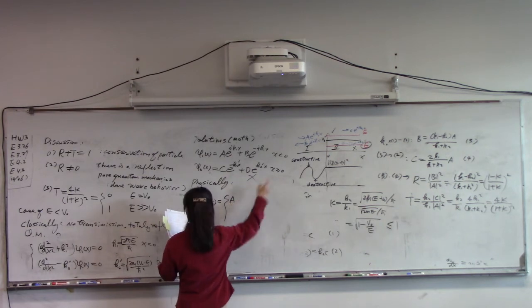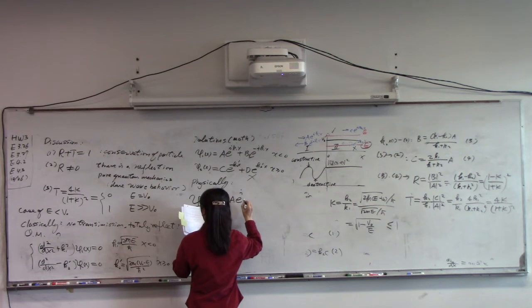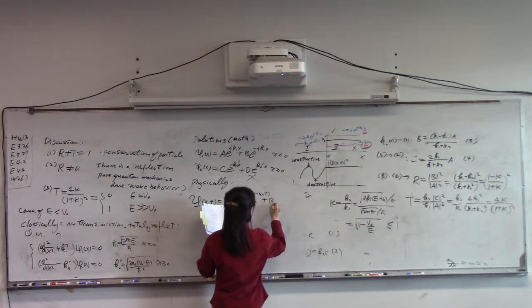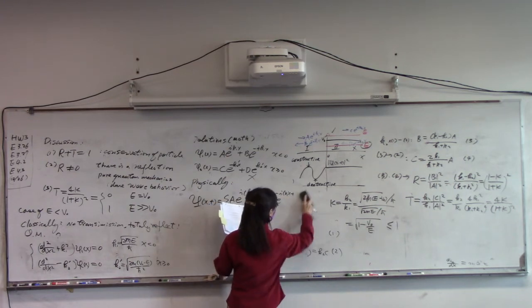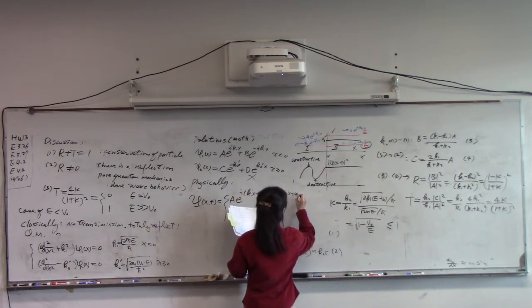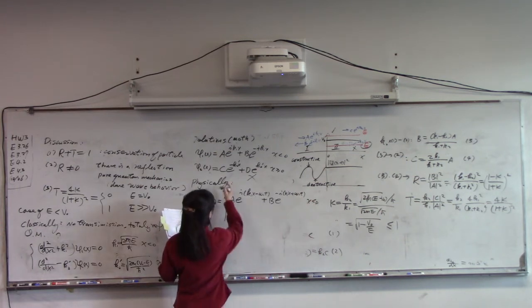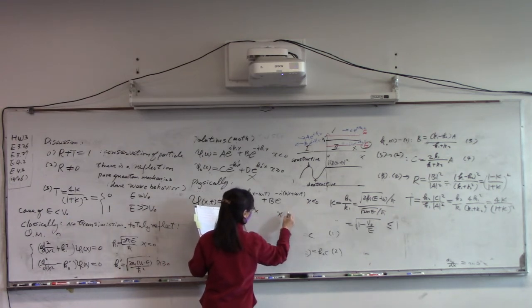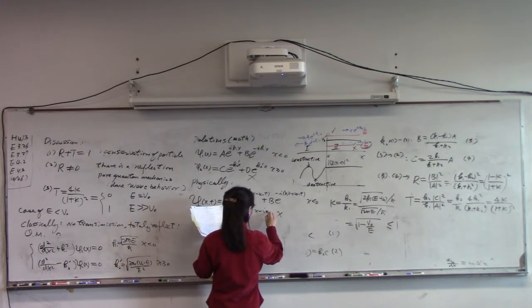In region 1, we have an incident wave, which is still the same as before: a exponential i (k1 x minus omega 1 t) plus the reflected wave, b exponential minus i (k1 x plus omega 1 t). But region 2 is only this decay, c exponential minus k2 prime x, times exponential minus i omega 2 t.